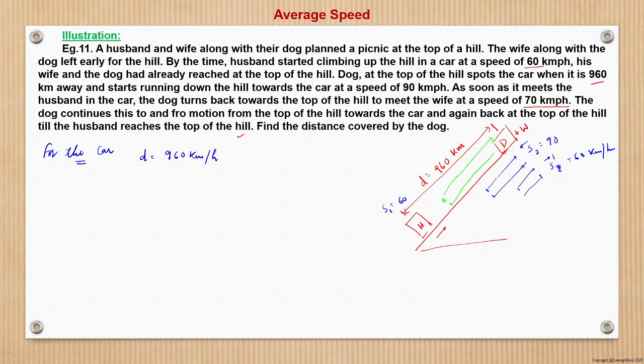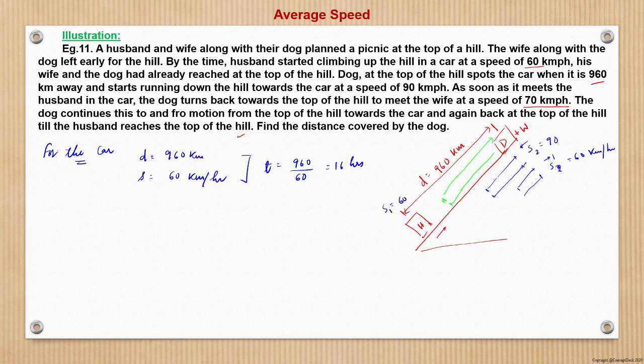So these three pieces of information are given. For the car, the total distance is 960 kilometer and the speed is 60 kilometer per hour. So what is the time taken? Total time taken will be 960 upon 60, which is 16 hours. So in 16 hours, the husband will reach the top of the cliff, right? 16 hours.